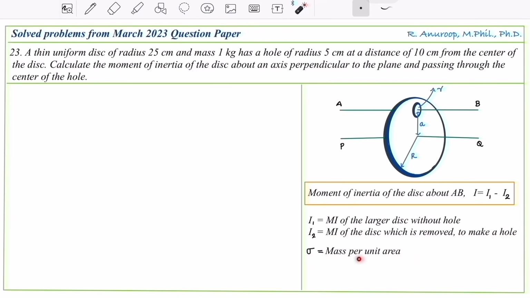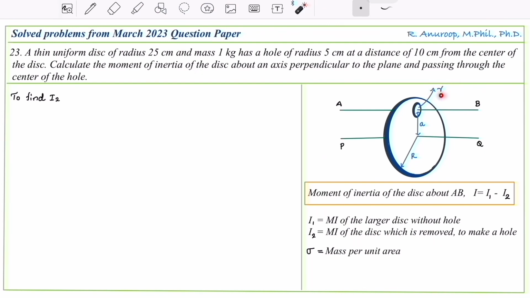Here sigma is the mass per unit area. First, let us find out I2. What is I2? I2 is the moment of inertia of the disk which is removed from the larger disk, so that we have a hole on the larger disk.